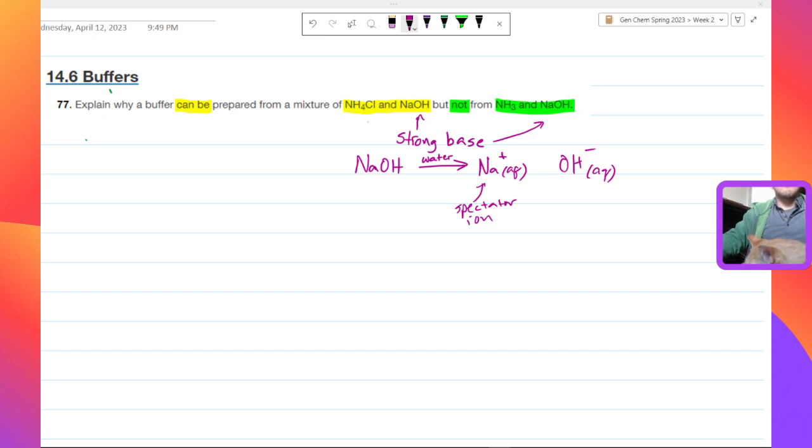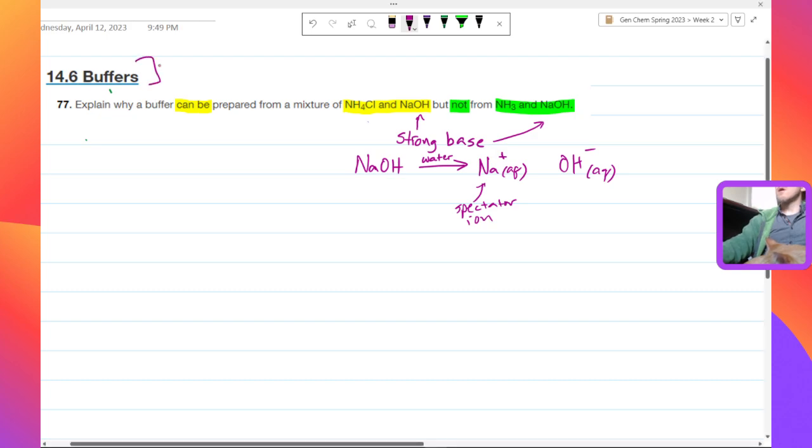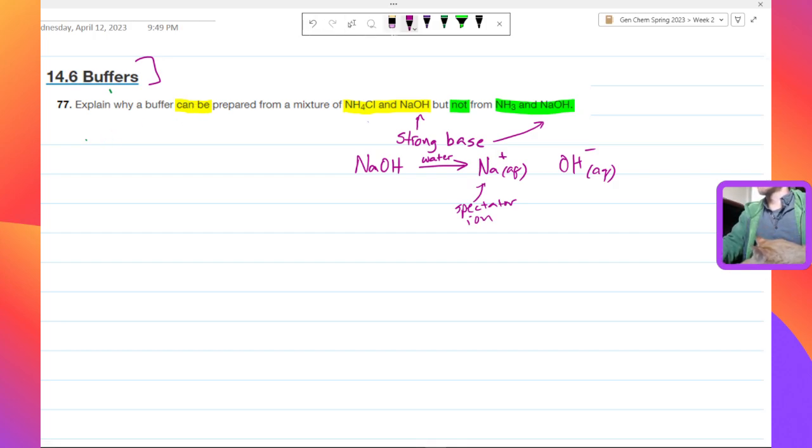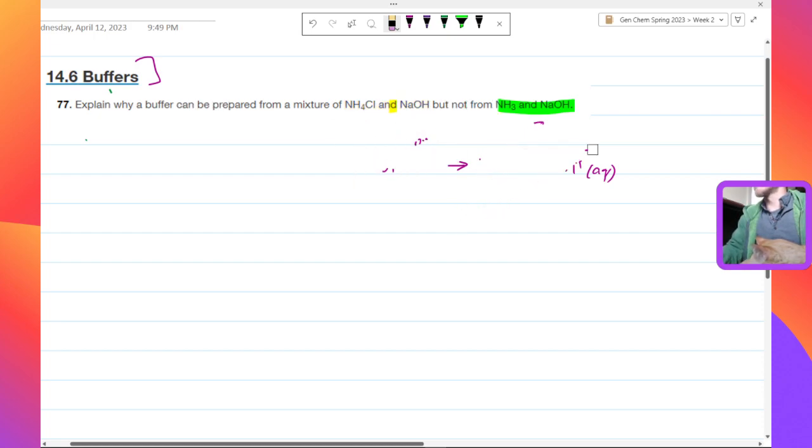And today we're going to try to do a few problems that have to do with buffers. There we go. Yes, that drawing worked. Buffers. So I started answering this question, but maybe I'll just erase my previous answers here and we can do this together.